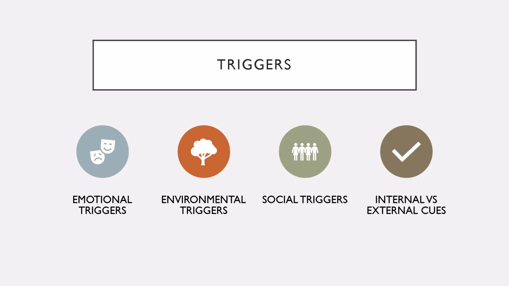It could be social. Social triggers involve people, like family or friends who are using substances. Maybe it's going to be important to distinguish between internal and external triggers. Internal triggers are going to come from within the individual, like thoughts or emotions. The external triggers are coming from the environment.